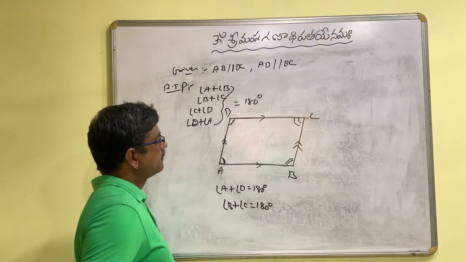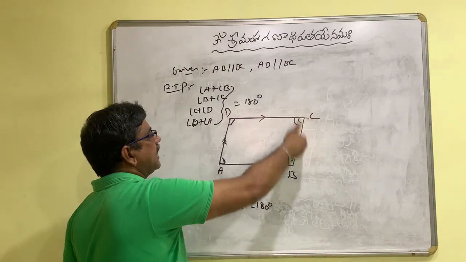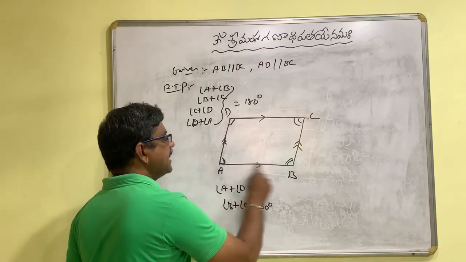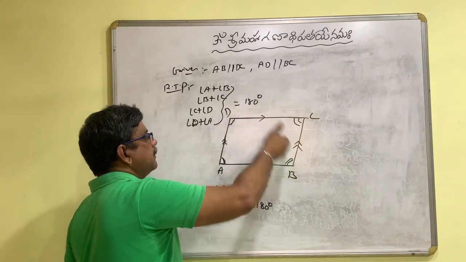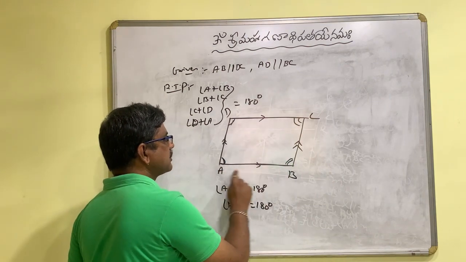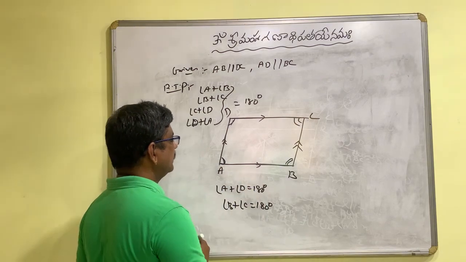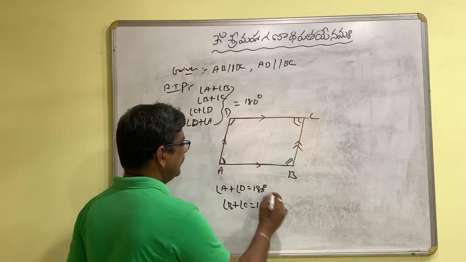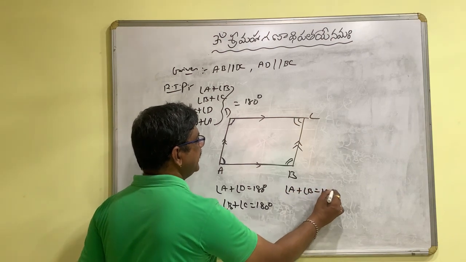Next one. If you consider AD and BC parallel lines and AB as a transversal, then angle A plus angle B is 180.